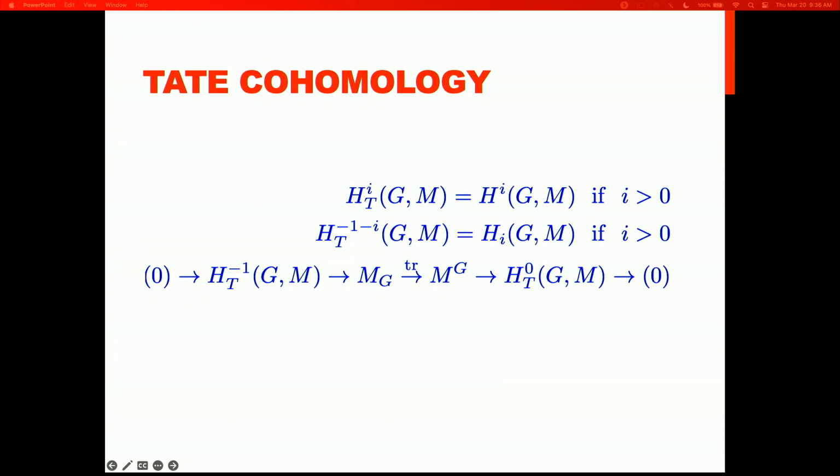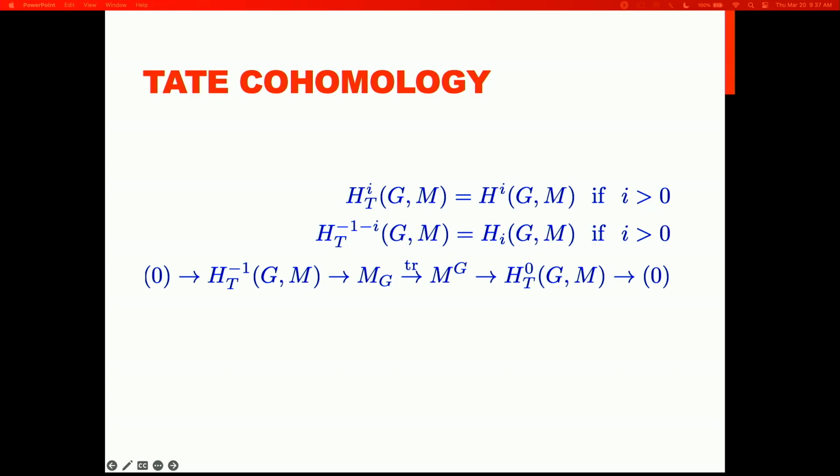Well, the answer is best expressed in terms of Tate cohomology, which was mentioned yesterday. So Tate cohomology is a way of splicing together the cohomology and homology of a finite group into one cohomology theory indexed not by the positive integers, but by all the integers. So in a positive degree, the Tate cohomology just equals the cohomology.